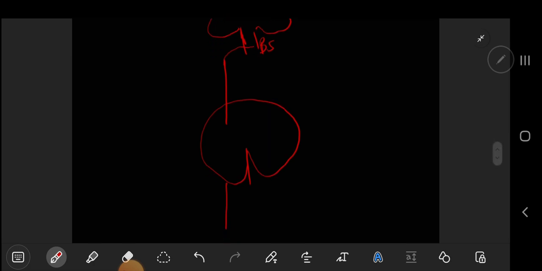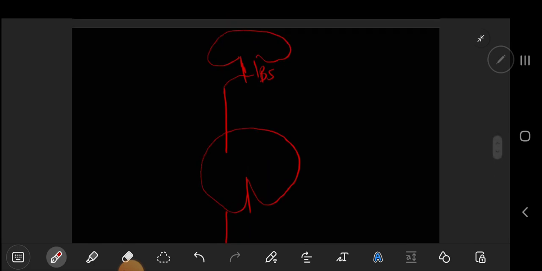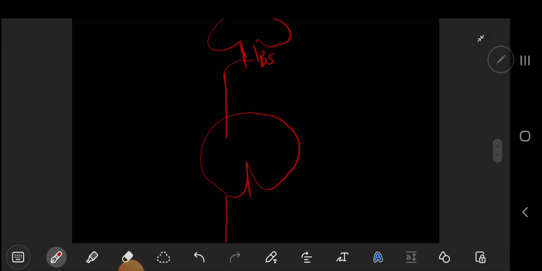Now, also, if you think about proprioception and fine touch, it is in the dorsal columns. But this is the corticospinal tract. Now this is for proprioception and fine touch.